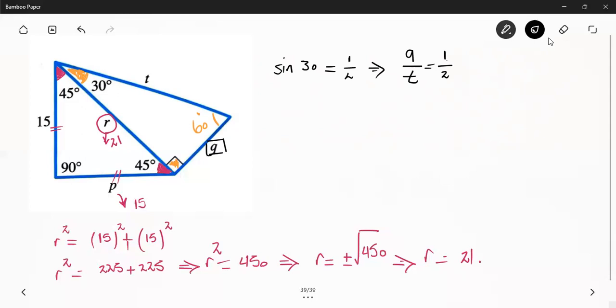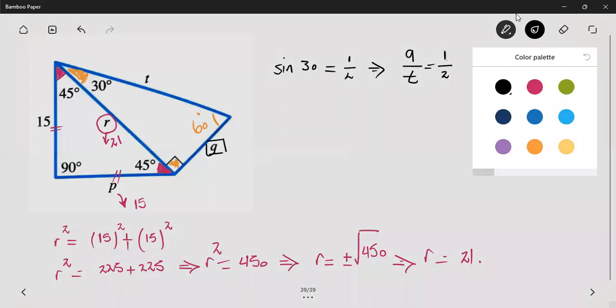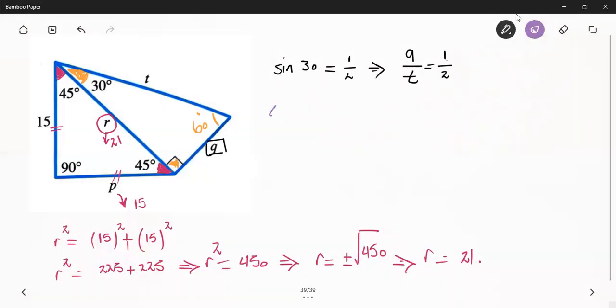What do you think is the best strategy to use? Tangent, that's right. Because what is the definition of the tangent? Exactly. The tangent is the opposite length over the adjacent, which is Q over R. But how much is R?